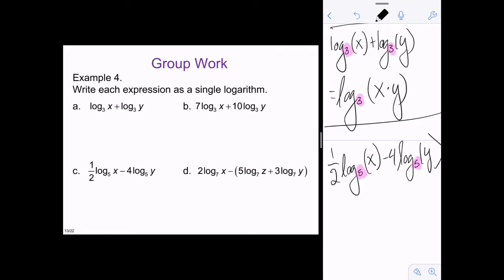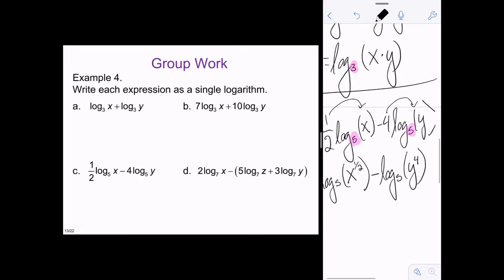I think it's easier to bring your p's in first, and to leave the positivity, negativity outside the logarithm and deal with that second. So I'm going to bring this 1/2 in. So I have log base 5 of x to the 1/2 power. Minus, I'm going to bring the 4 inside, log base 5 of y to the 4th power.